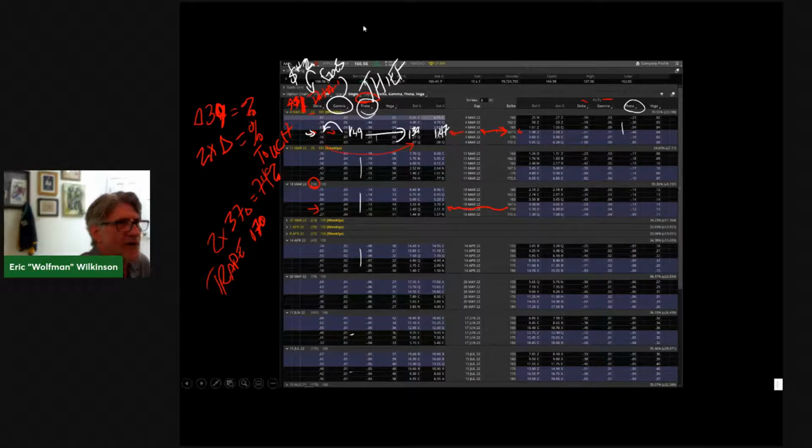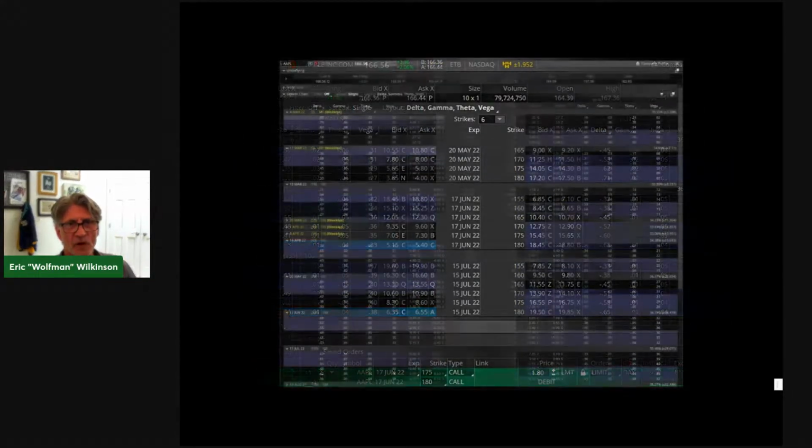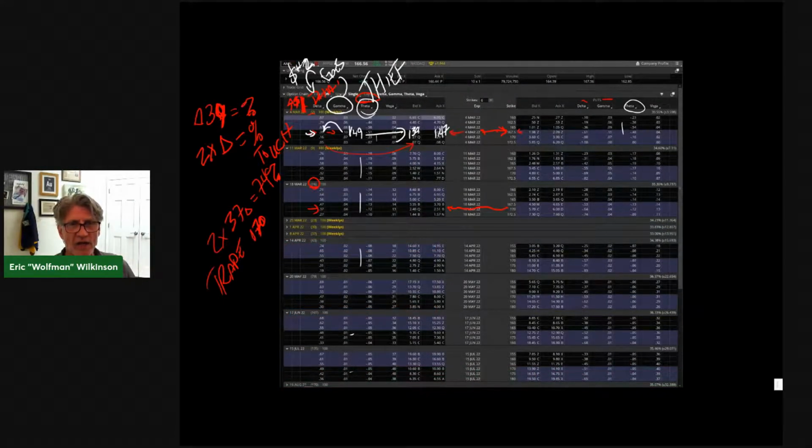So theta way out in time doesn't even realize you're there. Way out here, look at these theta numbers. We got like 5 cents here, 5 cents here. Doesn't even move coming inside of these 35 days, right? So now it moved up an extra penny.